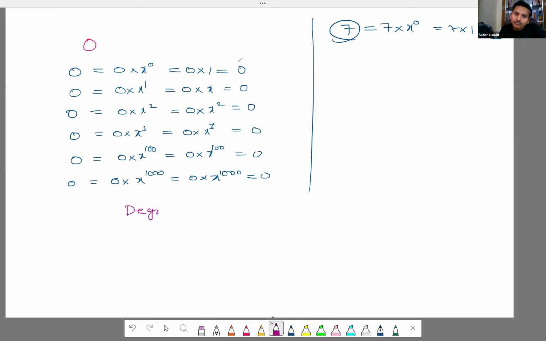Go to the term which contains x square. In that, if you remove x square, 2 will be left. So 2 is the coefficient of x square.